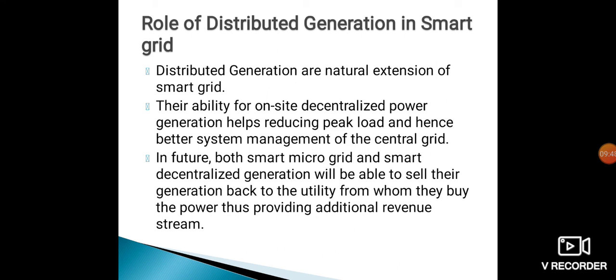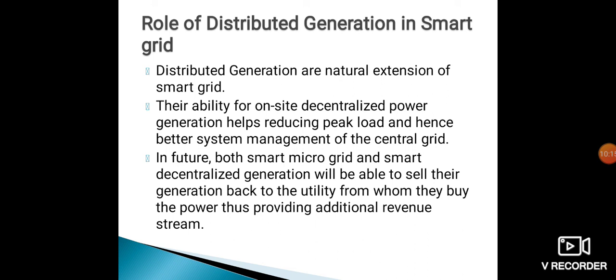Now, what is the role of distributed generation system in the smart grid? Why distributed generation system? What is the work of distributed generation system in the smart grid? Distributed generation are natural extension of a smart grid. Their ability for on-site decentralized power generation helps reducing peak load and hence better system management of the central grid.